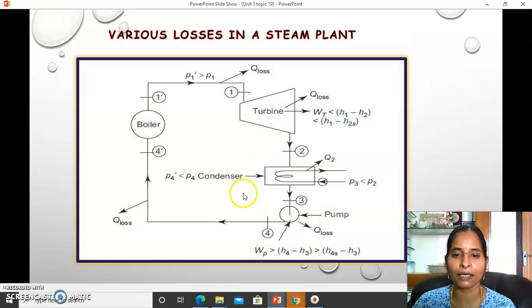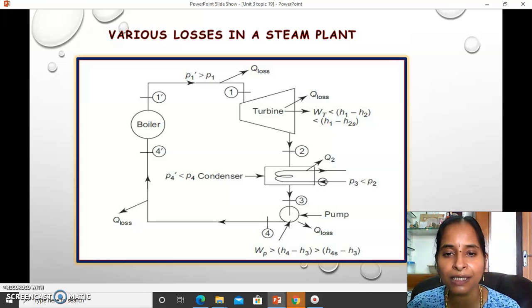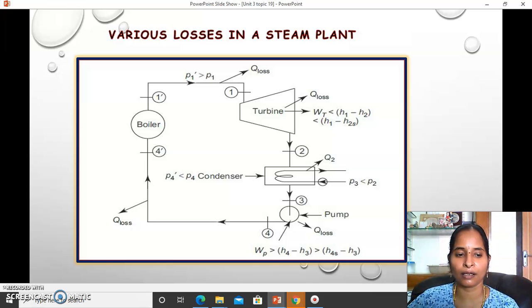We are assuming that the turbine follows an adiabatic process and is purely reversible, like anything. That does not happen.